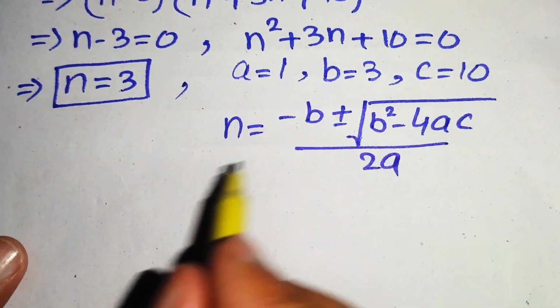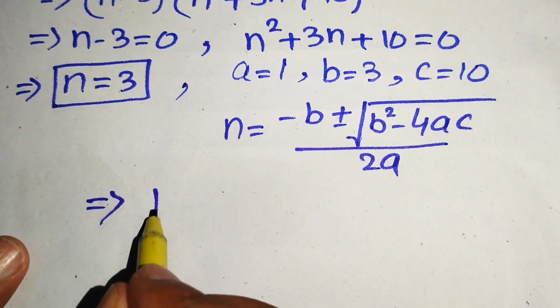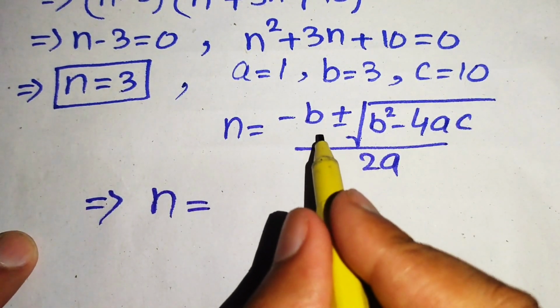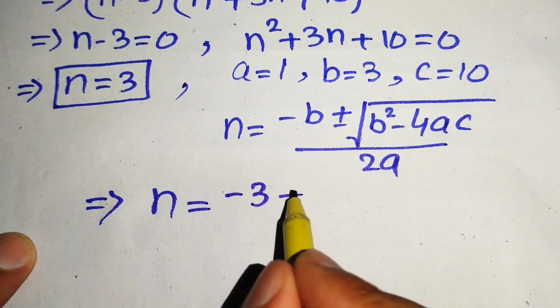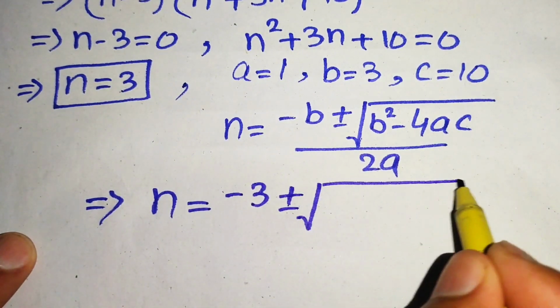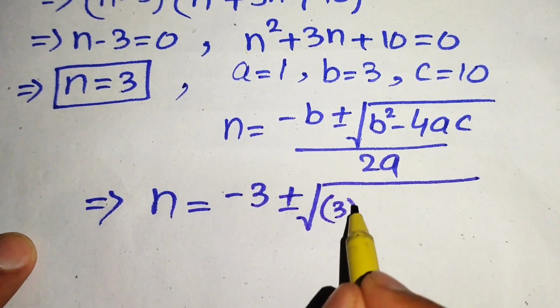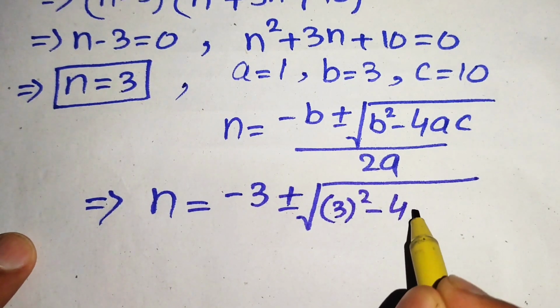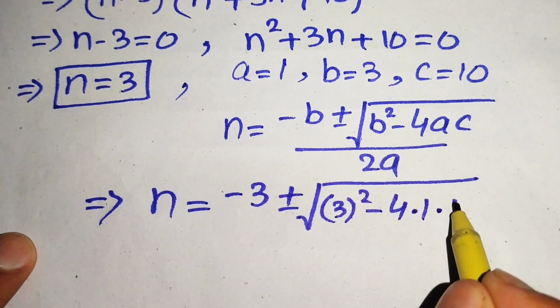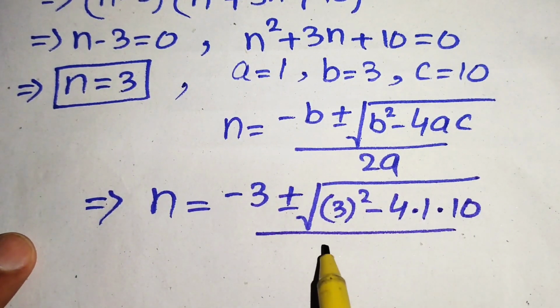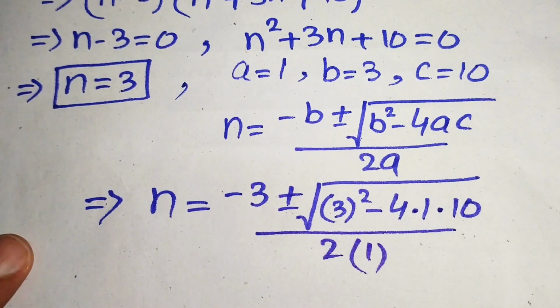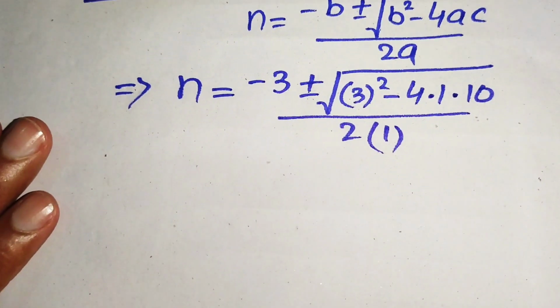Now we substitute the values of a, b and c, and we get n equals minus 3 plus minus square root of 3 square minus 4 times 1 times 10, divided by 2 times 1.